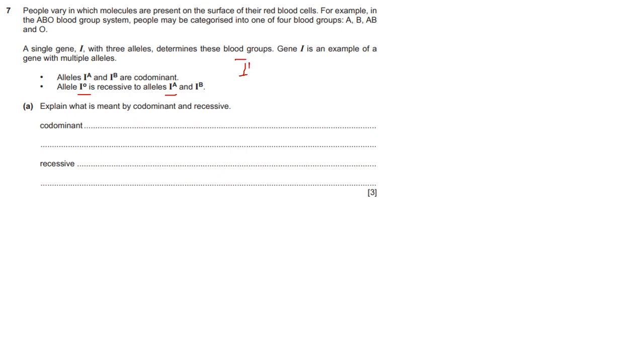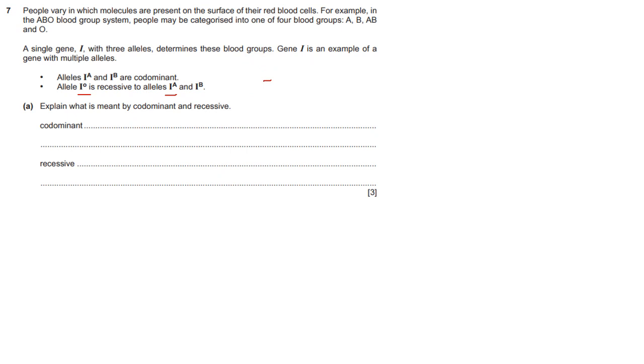So it means that for someone who is blood group A, they can either be this, which is dominant recessive and is heterozygous, or they can be this, which is homozygous dominant. But in this case for A and B, they are codominant. So even though the person is heterozygous, both of these alleles will be seen, which is why they are AB, and this person is A, sorry. So I hope that makes sense. Please watch the videos on inherited change. I don't want to spend too much time going over it.